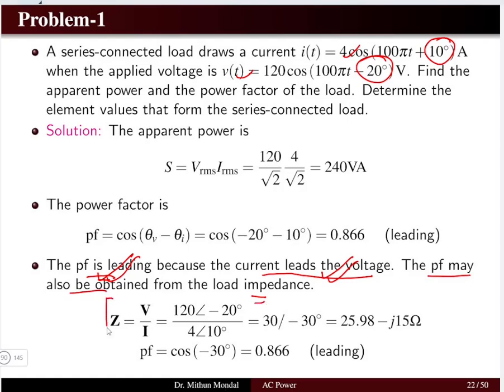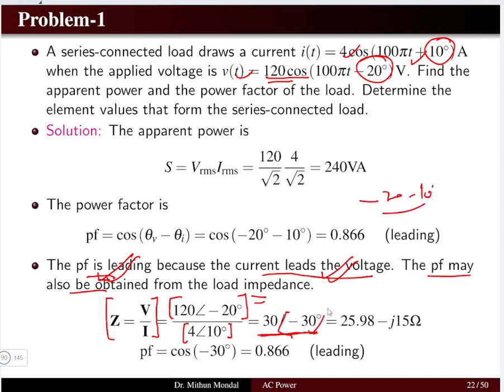We know that the impedance is the ratio of the voltage by current. So here we can convert these into phasor quantity, that is 120 angle of minus 20 degree. Now the current we can convert in phasor quantity, that is 4 angle 10 degree. So we will be having the impedance as 30 angle minus 30, because you have minus 20 and minus 10 degree.